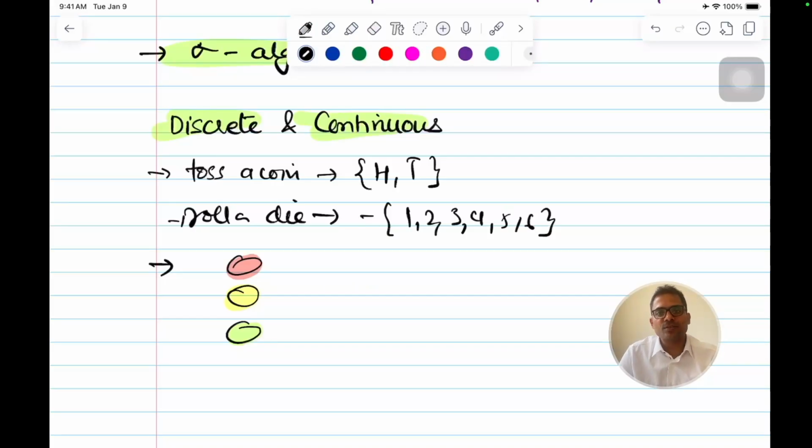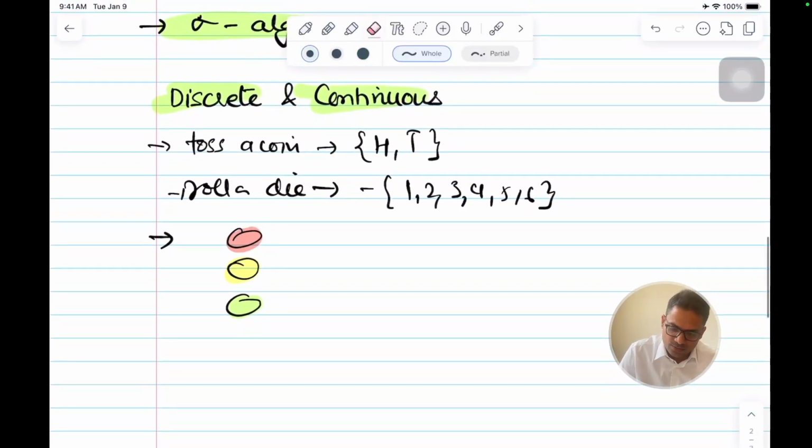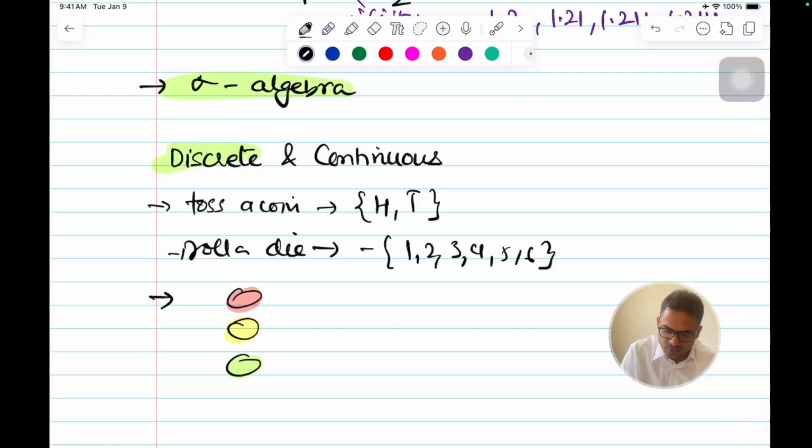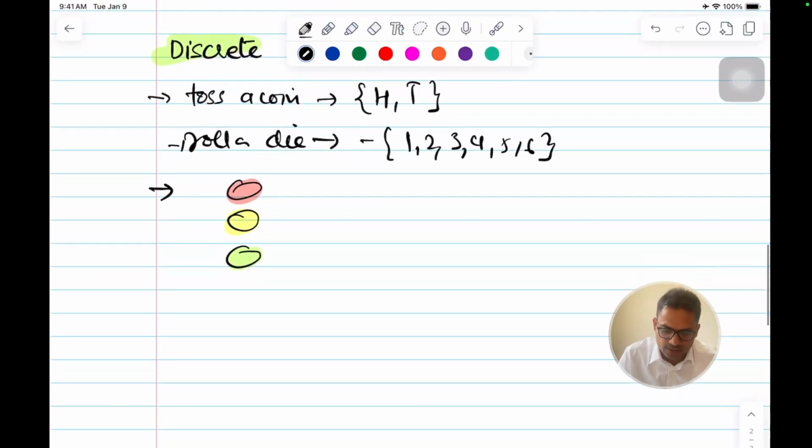So this event is also discrete because that's countable. Okay, so this is discrete. Let me rub this off to avoid confusion. These are discrete events. I hope that is clear.